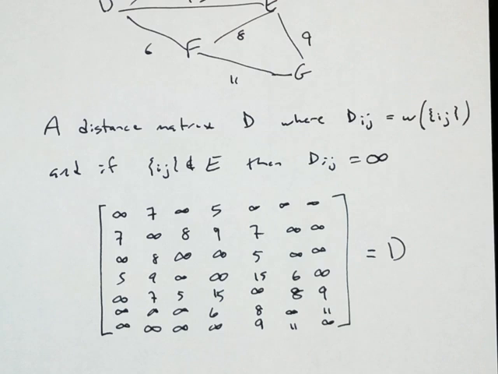But in Prim's algorithm, we didn't start with a choice of edge. In Prim's algorithm, we started with a choice of vertex and then picked the edge of lowest weight starting from that vertex. And I decided I was going to start at A, and it just so happened that one of my cheap edges was there. But I don't have to do that. I can start at any vertex. By default, I'll start at the first.